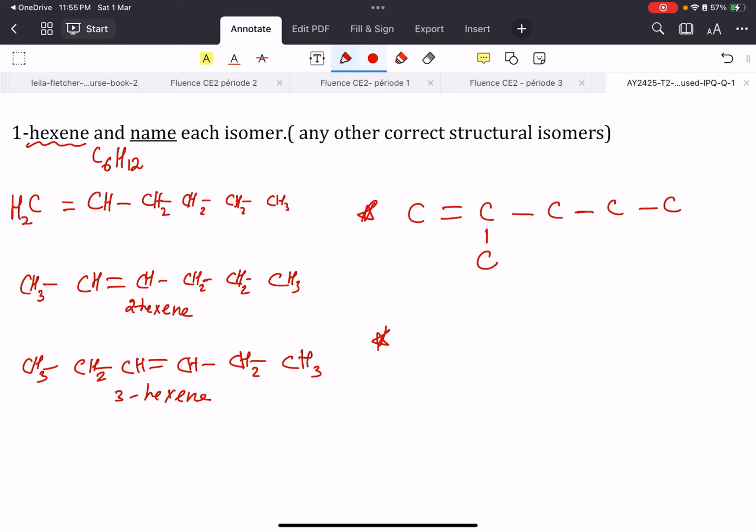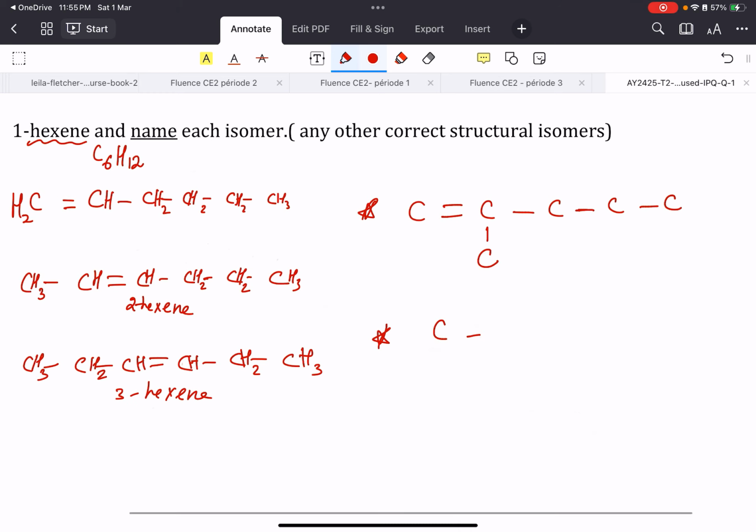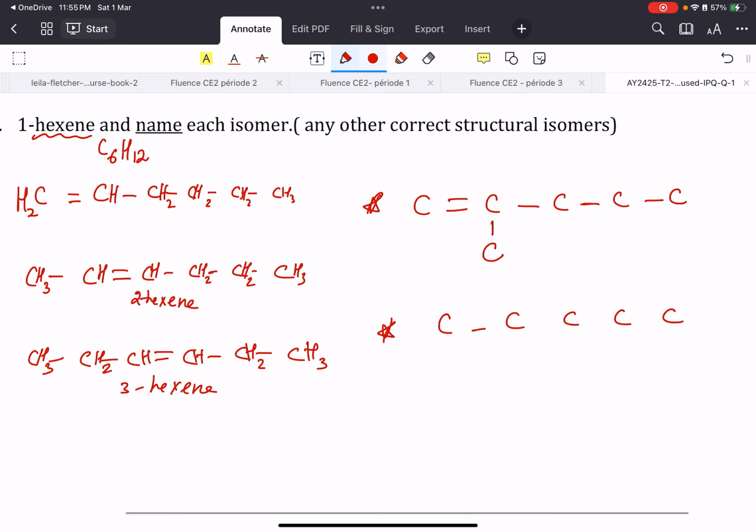Or I can do 5 carbons, 1, 2, 3, 4, 5, with a double bond on the first, but the branch is on the third. Or for example, the other choices in the answer key.